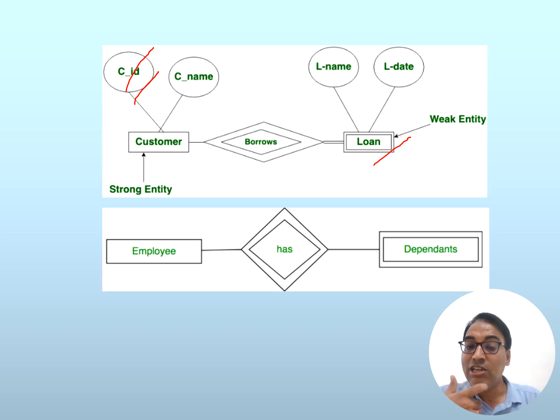Employee ID is the primary key of the strong entity employee. With this employee ID, I can call all the dependents.